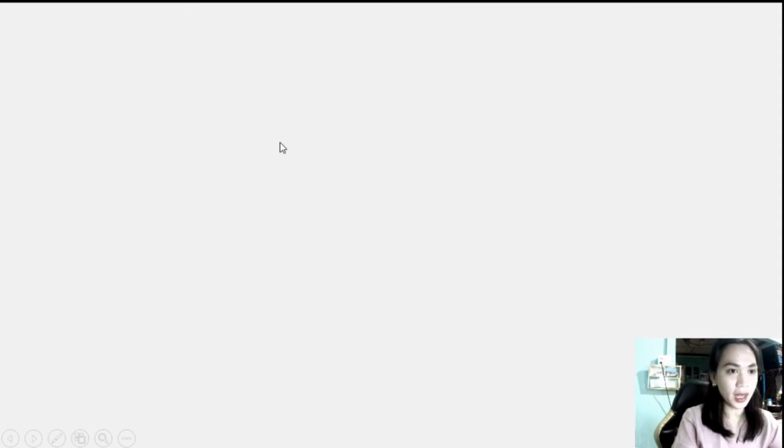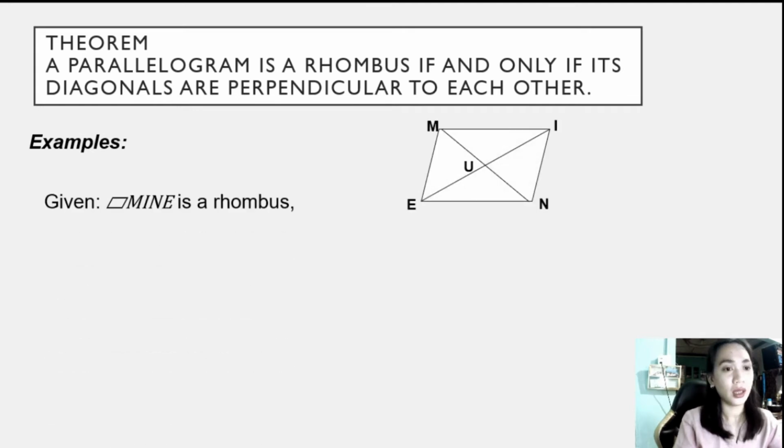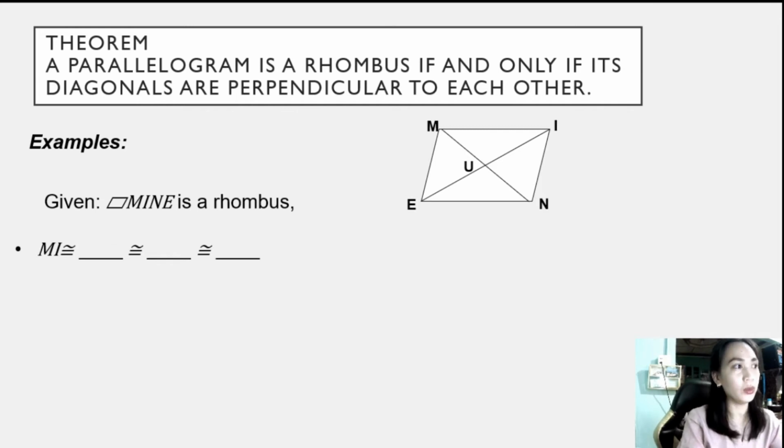Okay, so for the example in this theorem, we have MINE is a rhombus. So the intersection of their diagonals is U. So you have MI is congruent to IF.